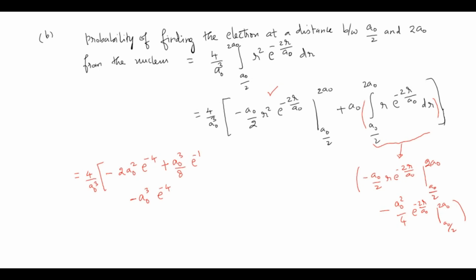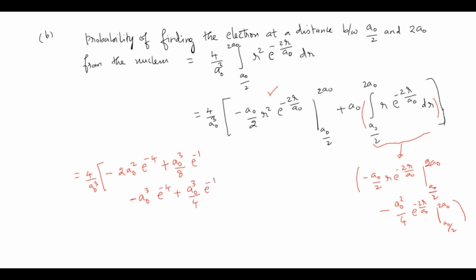And this part lower limit, when we substitute a naught by 2, this becomes minus and minus plus a naught cube by 4 e power minus, and a naught gets cancelled, 2 gets cancelled, e power minus 1.